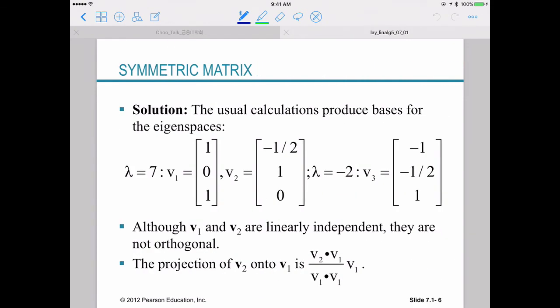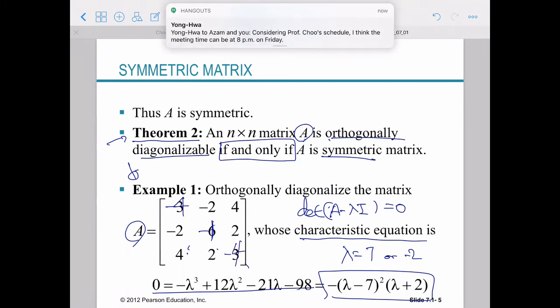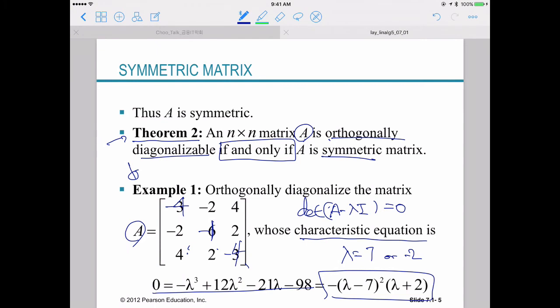And then now we have to obtain the corresponding eigenvectors of each eigenvalue. Let's start with the first eigenvalue of 7. We will form A minus 7I, right? And so this guy will become minus 4, and then minus 1, then minus 4, right? And this one will have a linearly dependent column or some free variable.